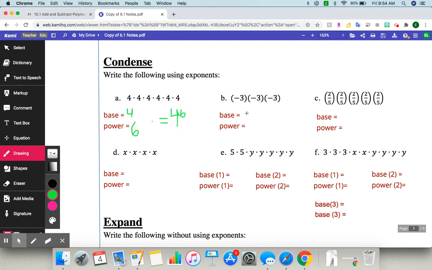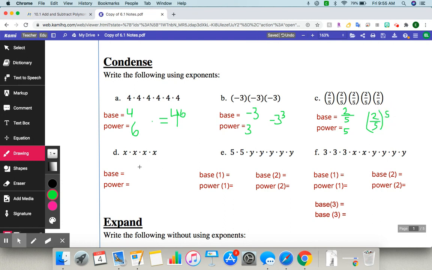In B, our base is -3. Our power is 3. So that's saying we have 3 factors of -3. In C, our base is 2/5. And we have 5 of those factors. So this is 2/5 to the 5th power.